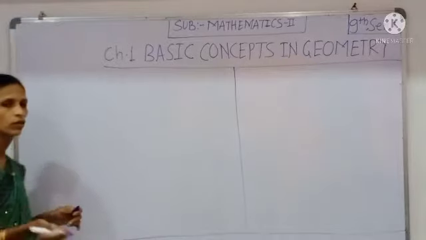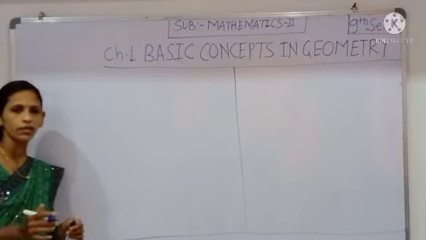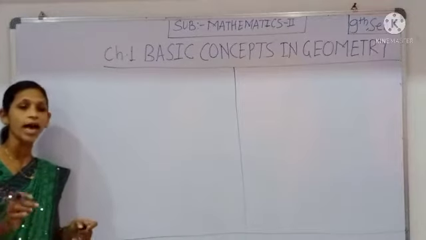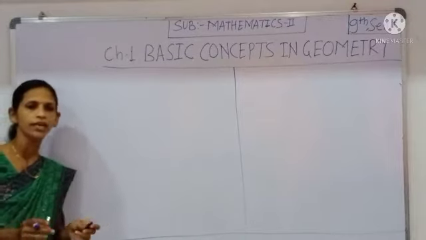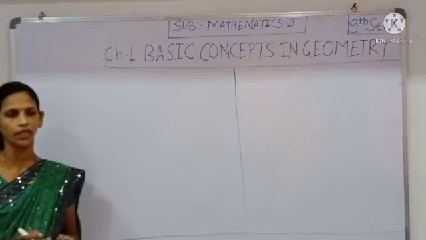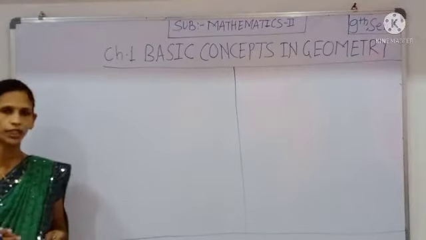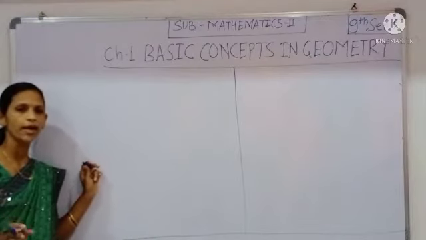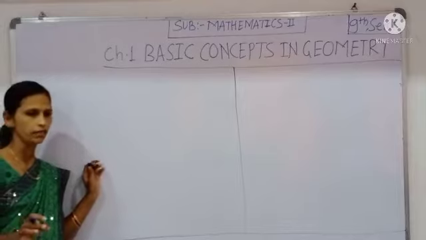Let us discuss a theorem which is proved by the direct method. Let us prove one of the properties of vertically opposite angles formed by two intersecting lines by the direct method.